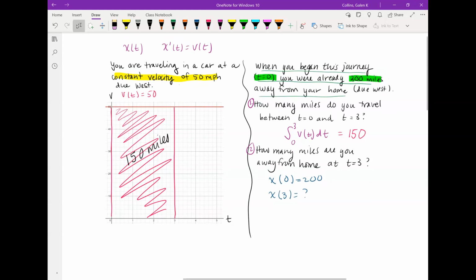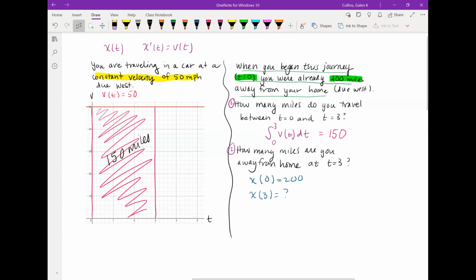In Unit 5, we learned that the definite integral of v, velocity, from 0 to 3 tells us about the position function x. This tells us the change in position, or the change in x, which is the antiderivative of v, on the interval from t equals 0 to t equals 3.